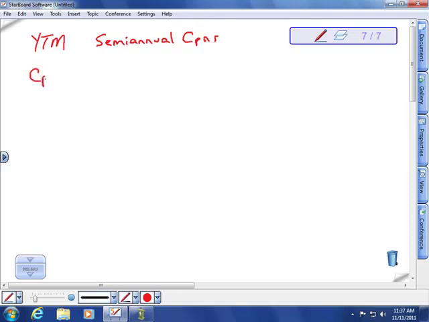And we'll use as an illustration a bond that has a coupon rate of 5%, par of $1,000, a term to maturity of 6 years, and a price of $900.